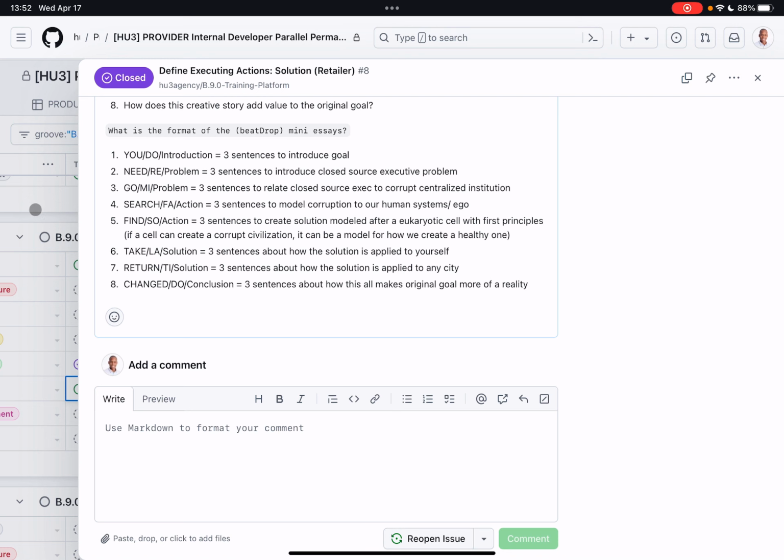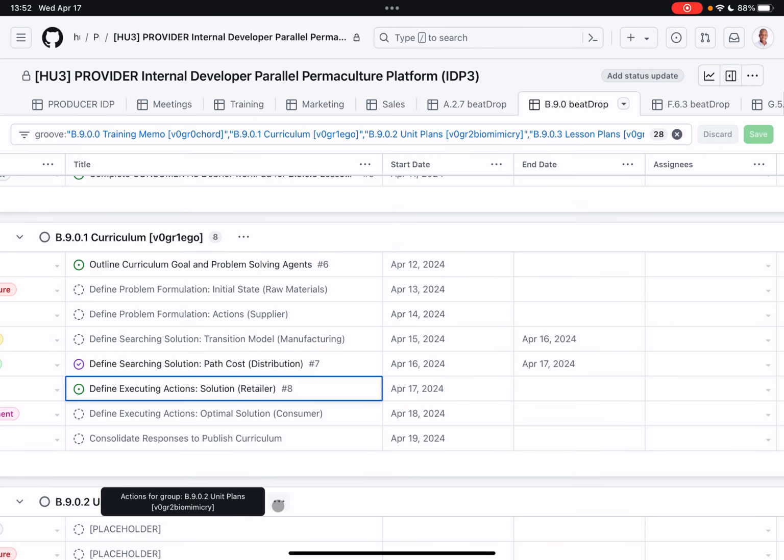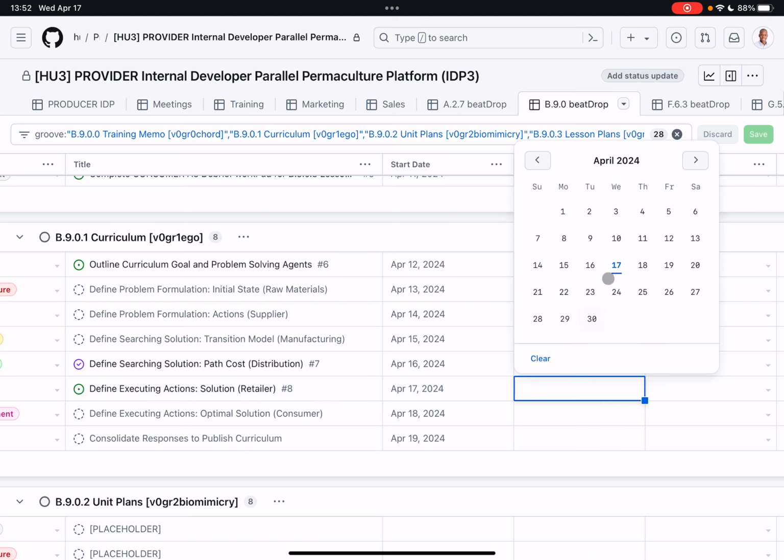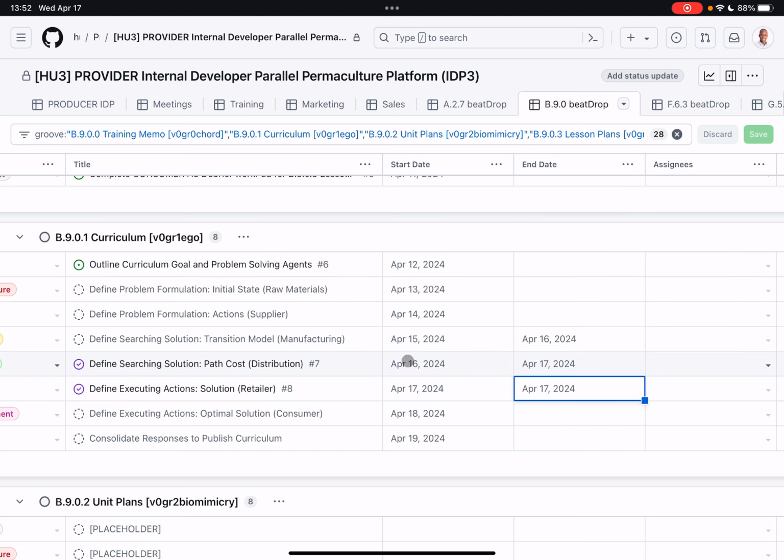This is very good. I like this very much. So I'm going to say that I finished this today. And now we're back on track to wrap all this up.